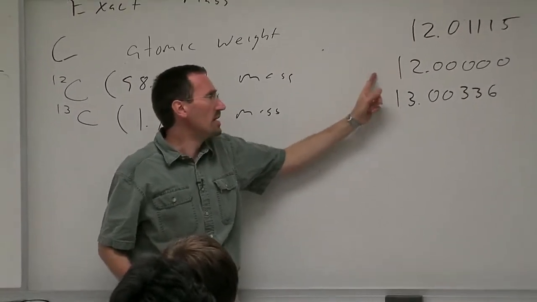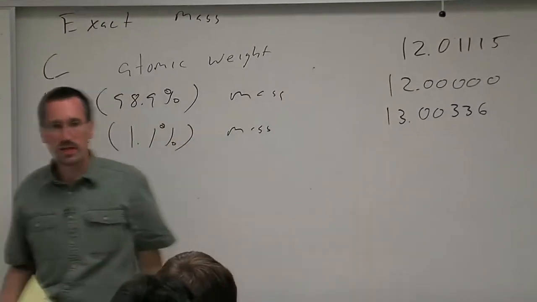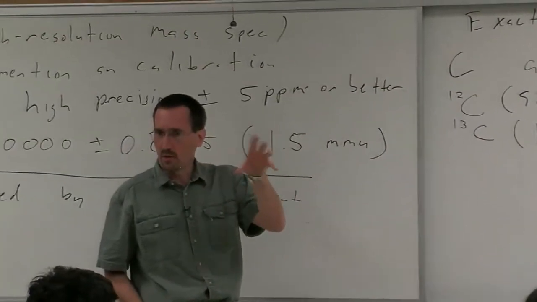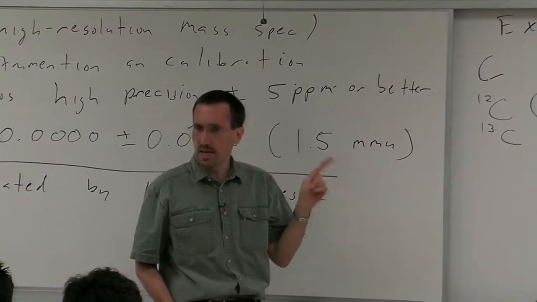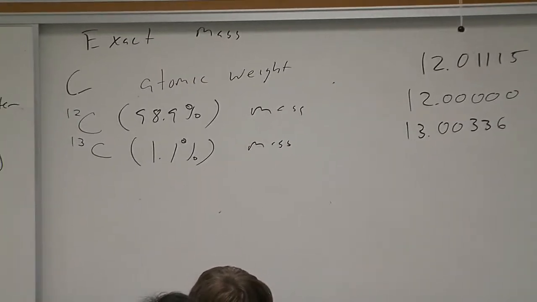In other words, 98.9% of this number and 1.1% of that number. But as I said, you're separating your molecules isotopomer from isotopomer, and so you're going to get a peak that corresponds to the isotopomer that's all C12.